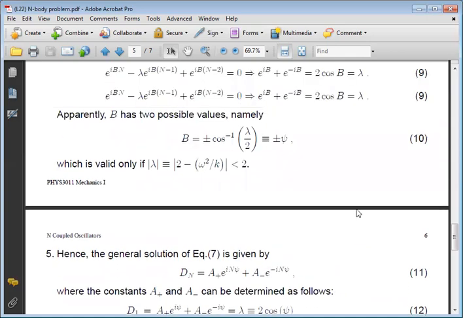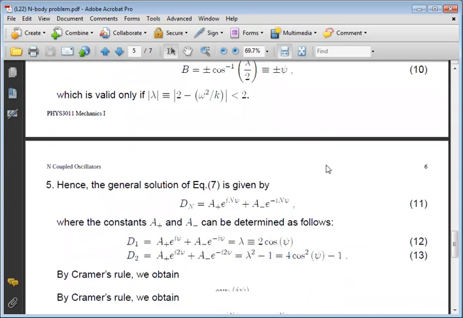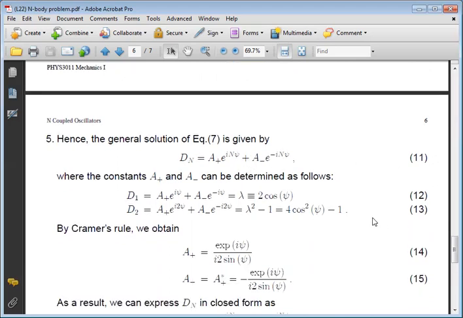So the general solution of equation 7 is given by this: Dn is equal to A plus e to the power in psi plus A minus e to the power minus in psi, where the constants A plus and A minus can be determined as follows.